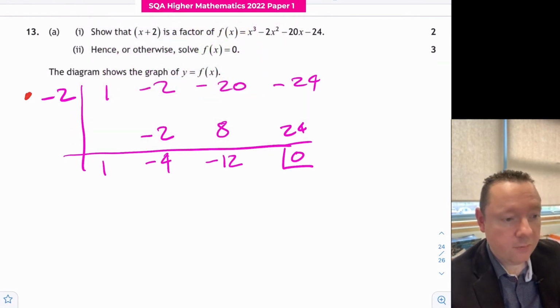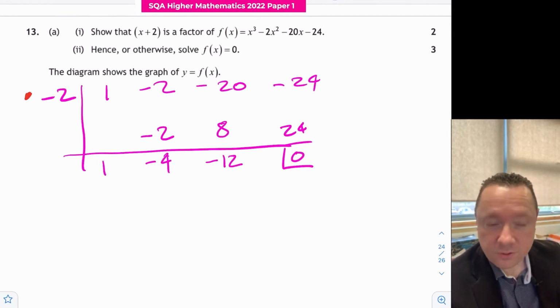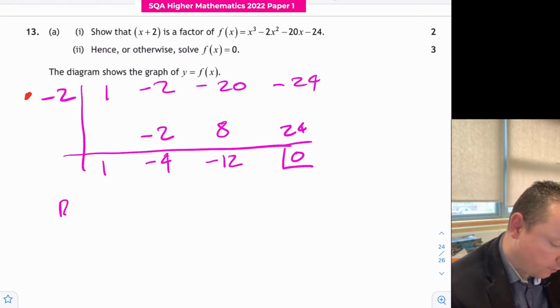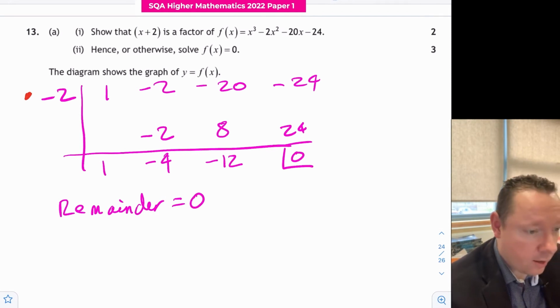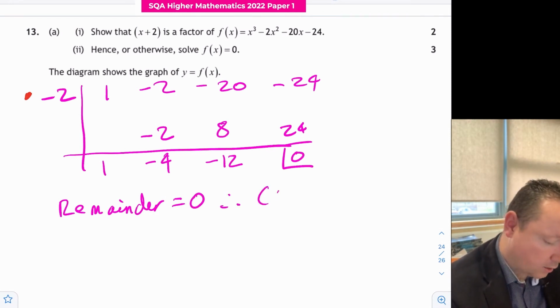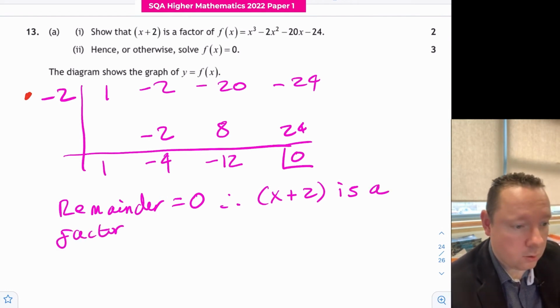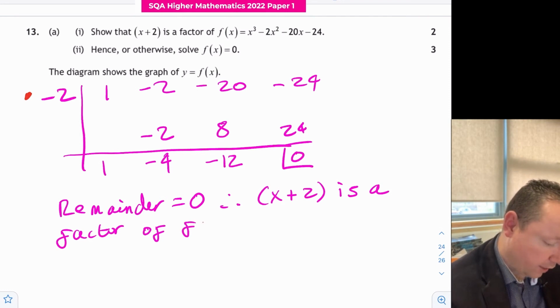Let's move on to our second mark. So we need to complete the division and interpret the result. We've completed the division, but we're not actually saying anything. We now need to say that since the remainder equals 0, therefore x plus 2 is a factor of f of x.